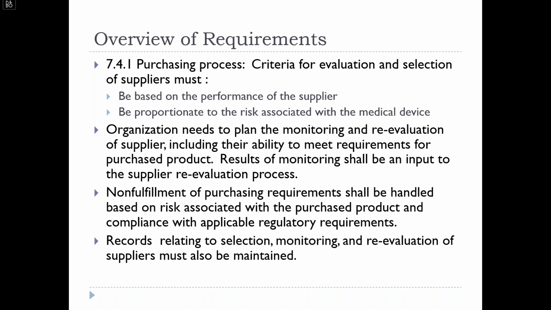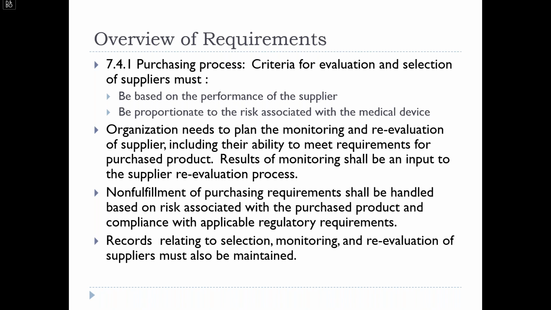The organization needs to plan the monitoring and reevaluation of a supplier, which includes their ability to meet requirements for purchased product. And the results of monitoring shall be an input to the supplier reevaluation process. So again, suppliers that consistently provide on-time, on-quality product or service may be subject to less rigorous reevaluation.